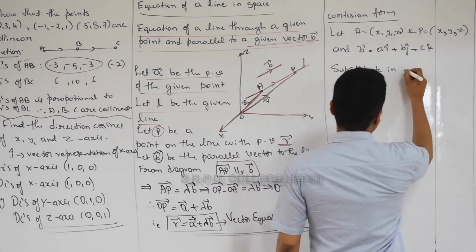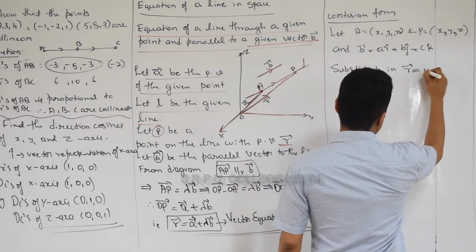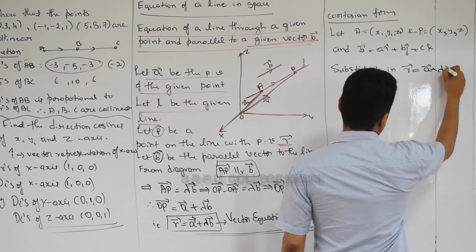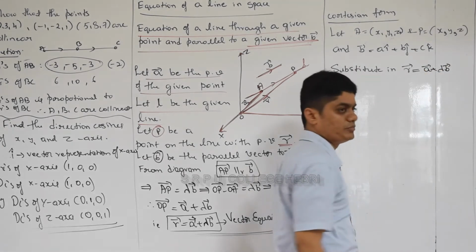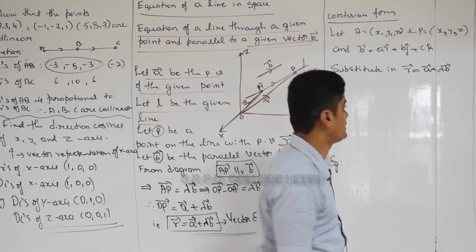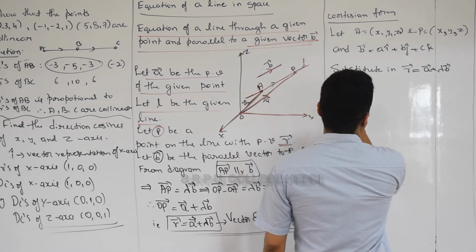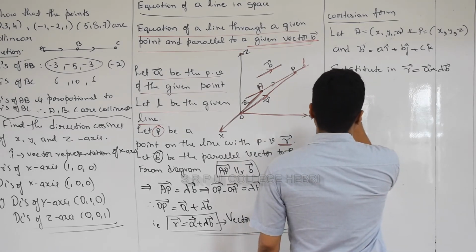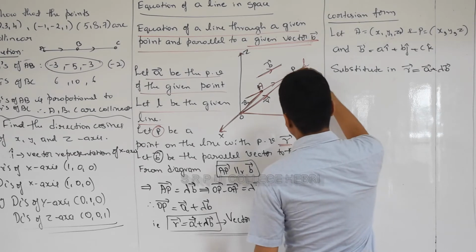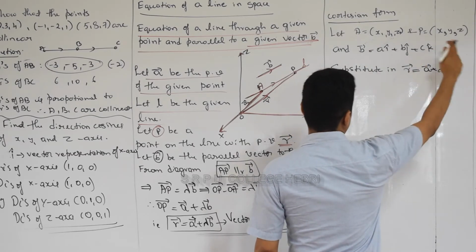Now substitute this in the equation: vector r is equal to vector a plus lambda times vector b. Vector r is the position vector of the point P, x, y, z.